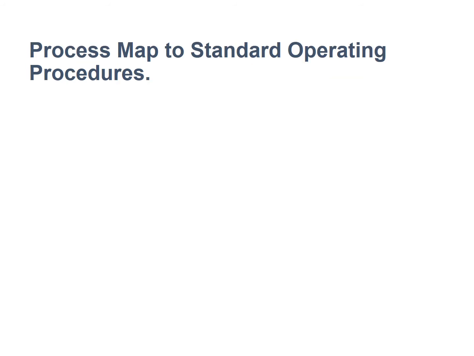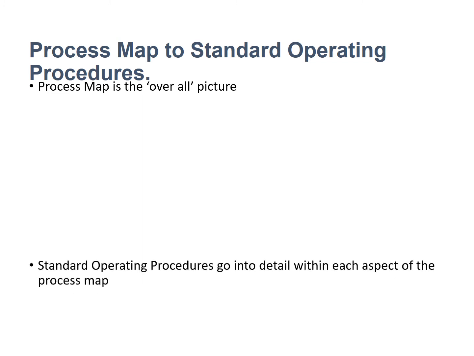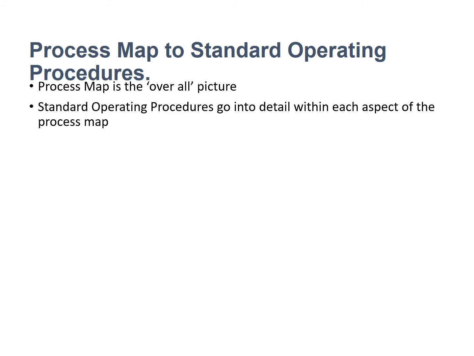Process map to standard operating procedures. A process map is the overall picture. Standard operating procedures go into detail within each aspect of the process map.